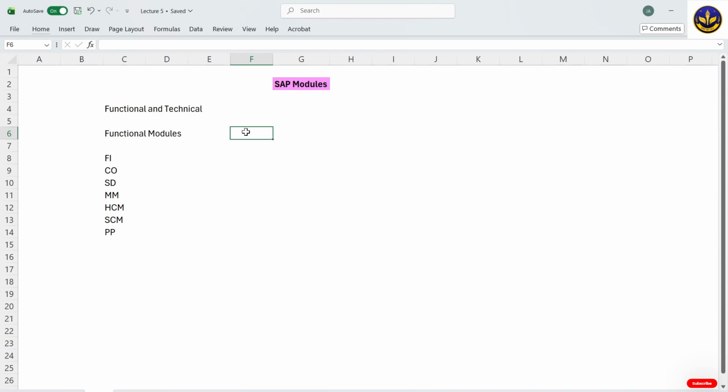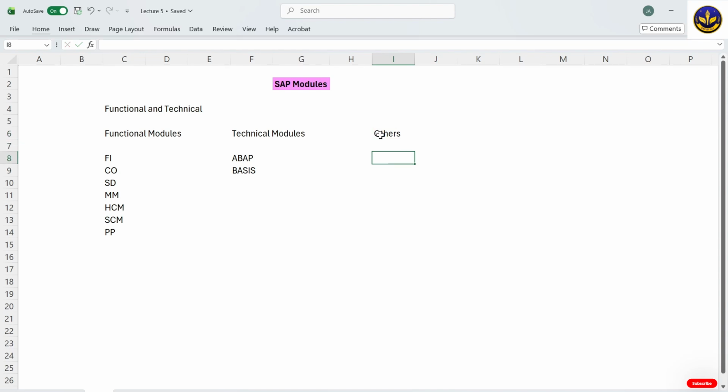And on the other side, we have some technical modules, like ABAP and Basis. Apart from the functional and the technical, we have some other modules.